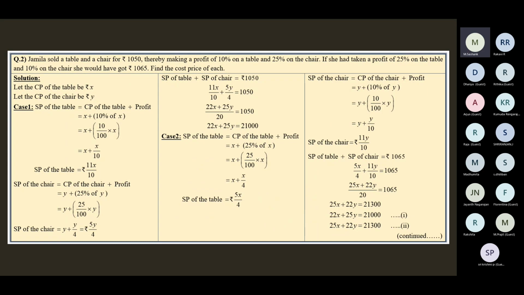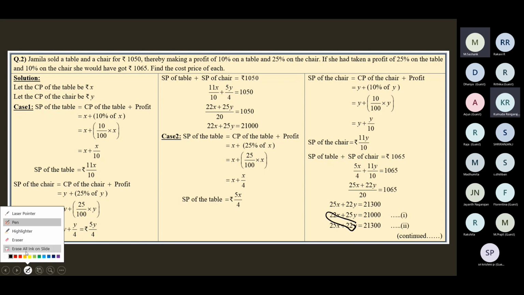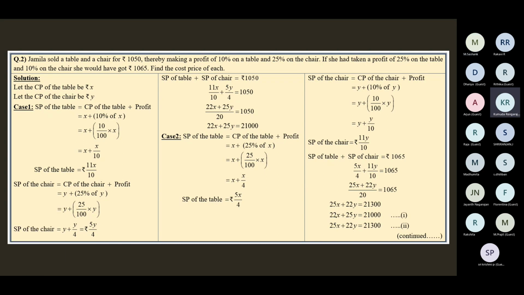When the coefficients of different variables are the same. When the coefficient of x in the first equation and the coefficient of y in the second equation have the same absolute values, it can be plus 22, minus 22, that's fine, or minus 22, minus 22, that's also fine. When we have two equations of this kind, we solve them using the special method.